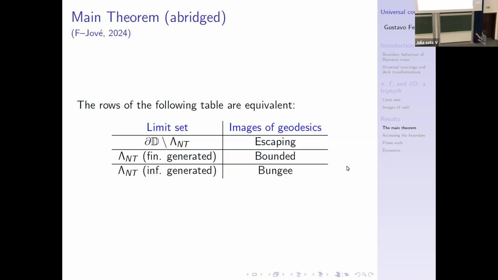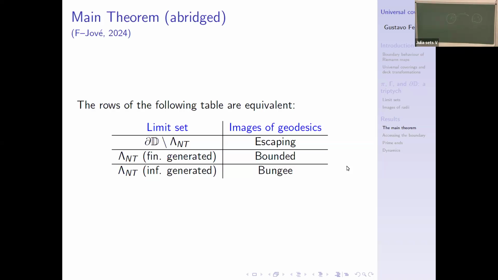So the points of escaping type, which are the nice ones, are basically the unit circle minus the non-tangential limit set. So we throw away the non-tangential limit set, and everyone that remains does nice things, in the sense that if we follow the radius that lands on these guys, the corresponding geodesic is escaping the domain.